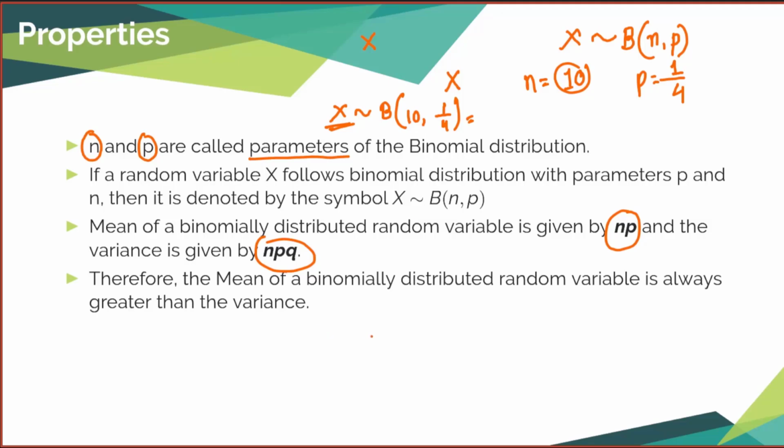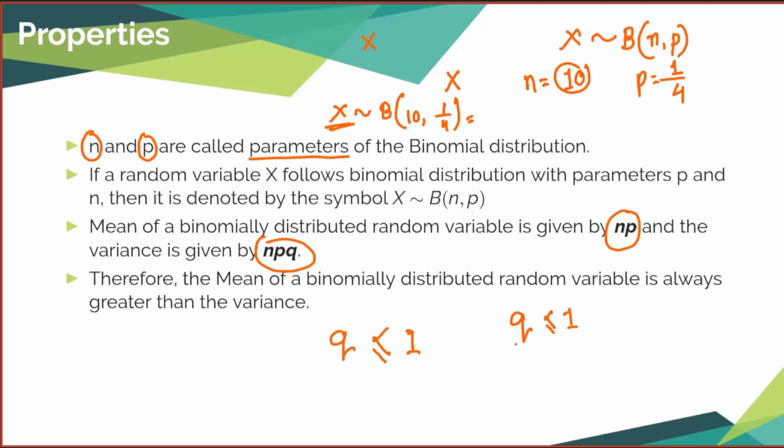So if I have to prove it, let's say q, the probability of failure, will always be less than or equal to 1, right? Now in an ideal situation it cannot be equal to 1, because if the experiment has a probability of failure equal to 1, there is no way we are going to conduct that experiment. But still mathematically it is possible that q will be equal or less than 1.